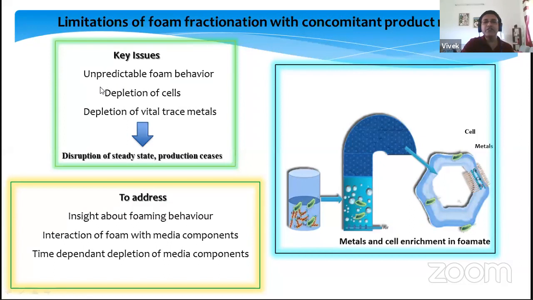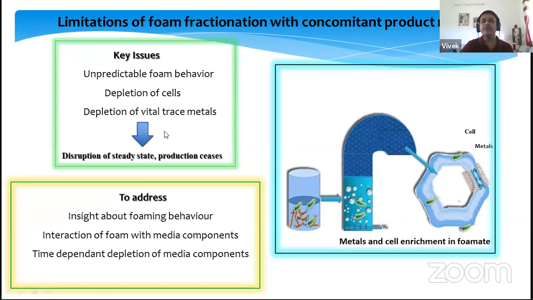And we have also observed that this foam is very much surface active. That means it can easily drain the cells which are present in the reactor. So that is one of the key issues to be addressed. The third important thing is, as I explained to you in the previous slide, this lipopeptide can attract vital trace metals.